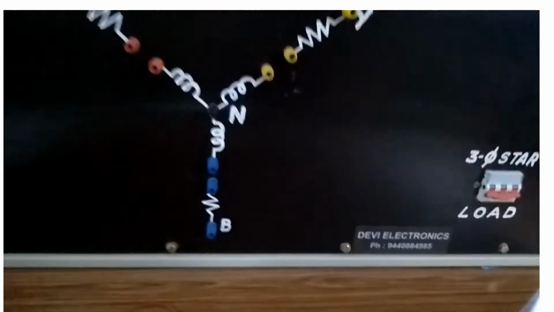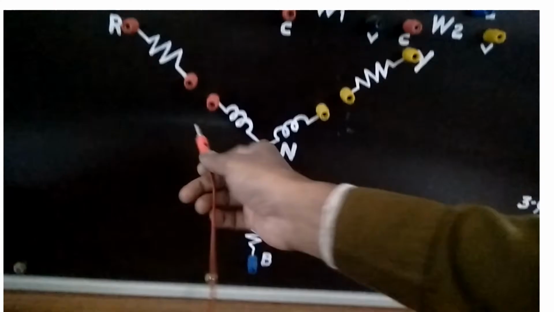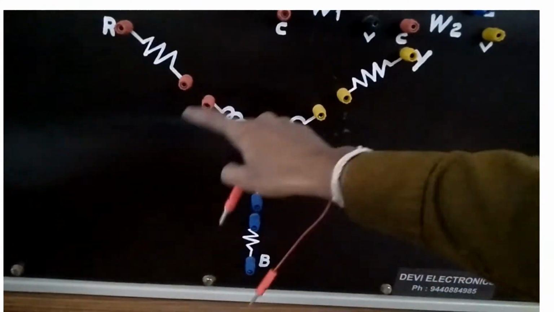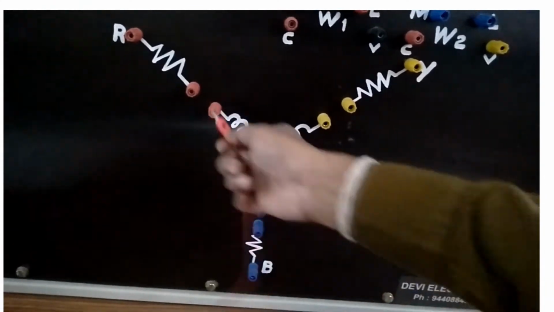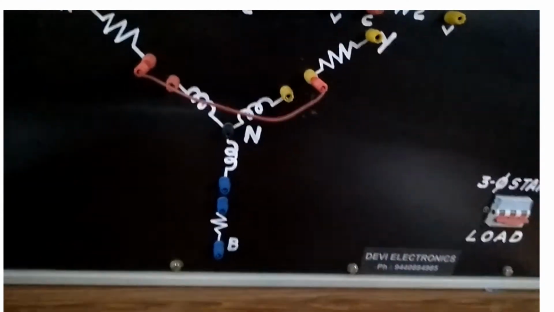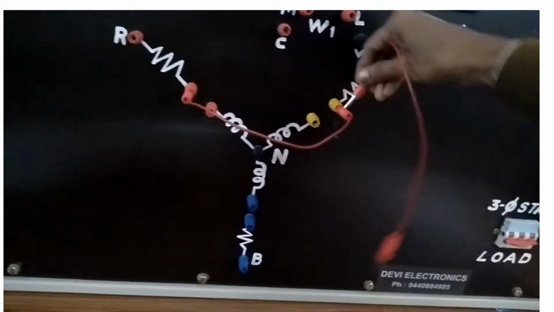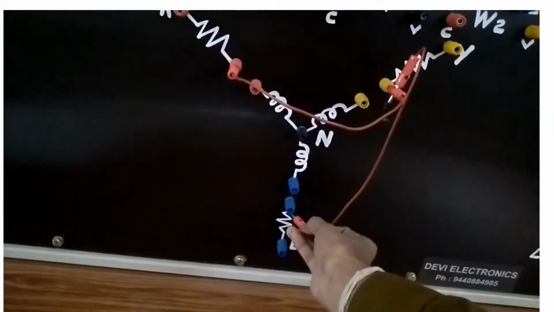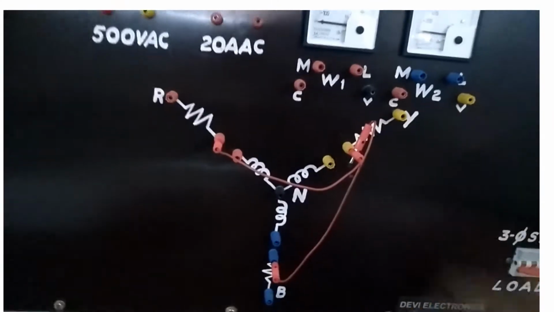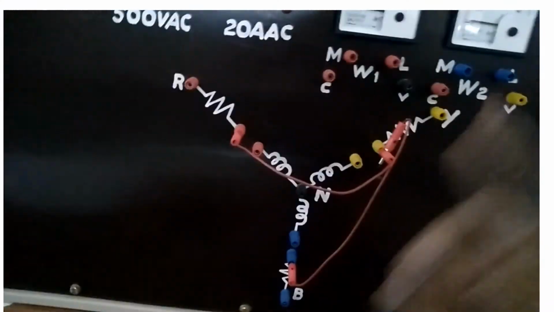So we have to avoid the inductive part and connect this in the star manner. Like this we have to connect. Now it is the star load, RYB for the star load.